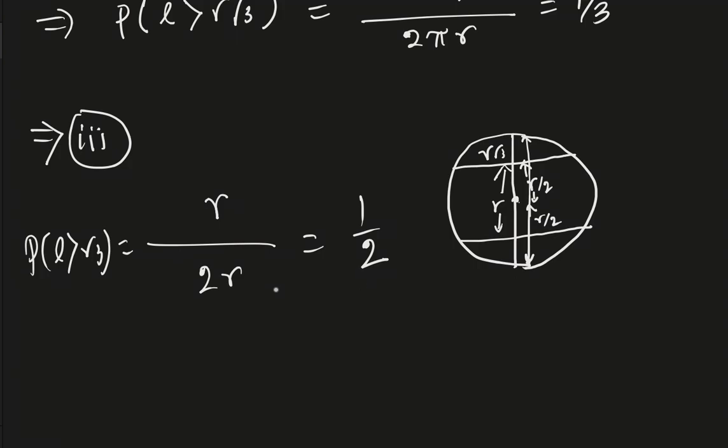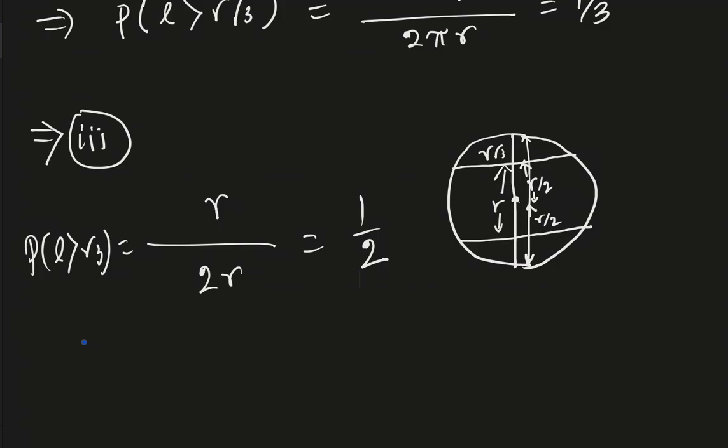So the problem has only these three solutions, and you see that these three solutions are different. So the same problem, but we get three different right answers. This is the paradox which is called Bertrand paradox. And what is the problem here? The problem is only one thing, that we are using the classical definition of probability to calculate it.